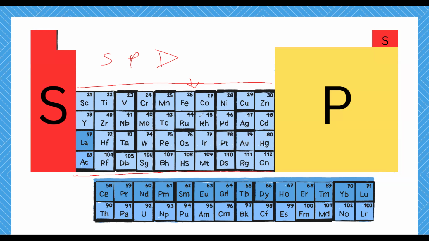So now we can pick absolutely any element from here. And if we draw the electronic configuration, you will discover that it is going to end with the D subshell. Does anybody want to pick any element as an example?